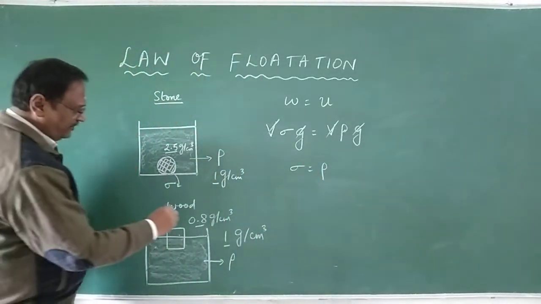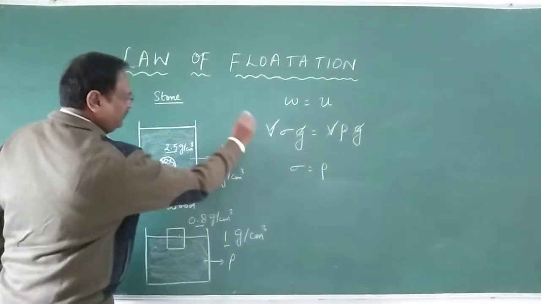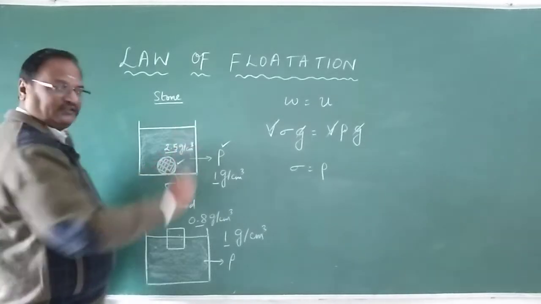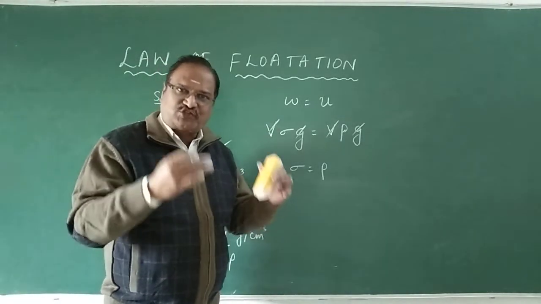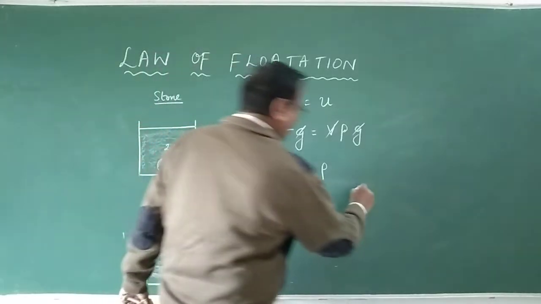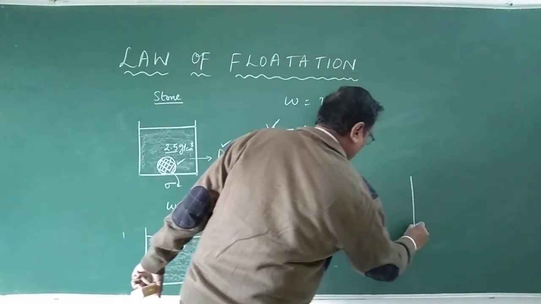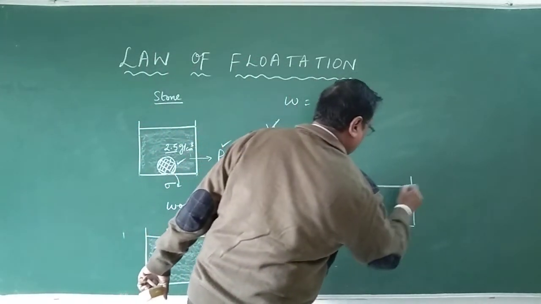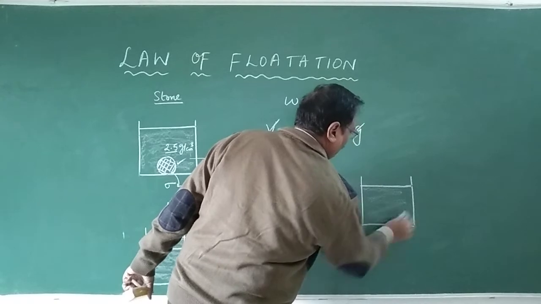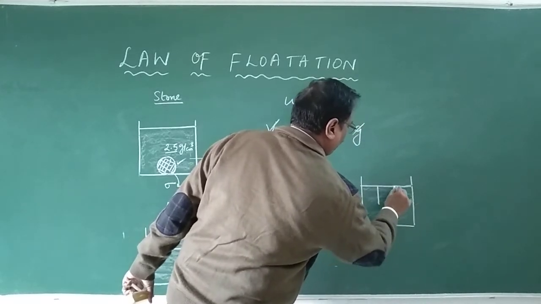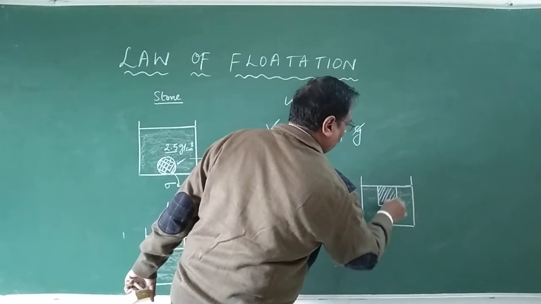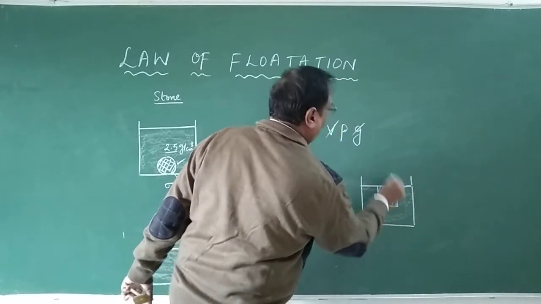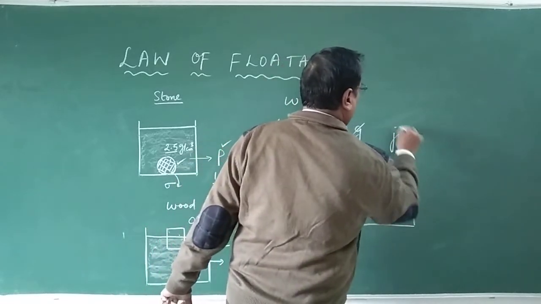That means the density of the liquid is equal to the density of the solid. Then what will happen? Then the body will just float. We use the word just to float. I'll show you how the just-to-float case will be. Water is here, and it will just float. It will not be up and it will not be going down, totally sinking.